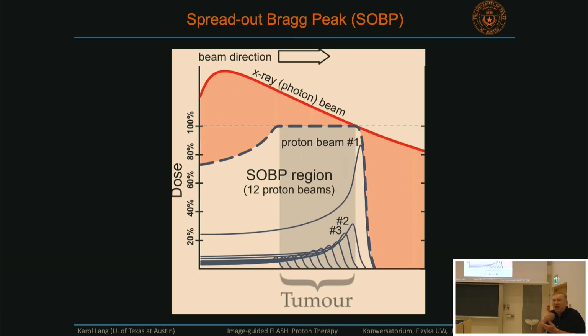But if you change energy and you change the direction, you can achieve a so-called spread out Bragg peak, which is more in 3 dimensions, carving out or depositing the energy into the cancer tissue. Again, for the so-called intensity modulated proton beam, it's about 1,000 to 5,000 spots that are happening over a few seconds or a few tens of seconds.